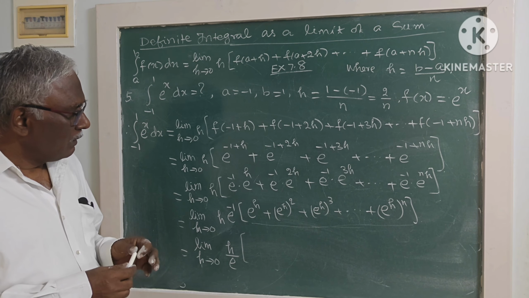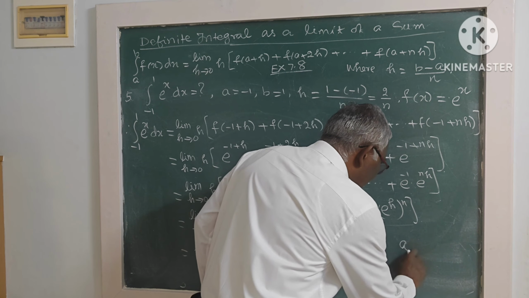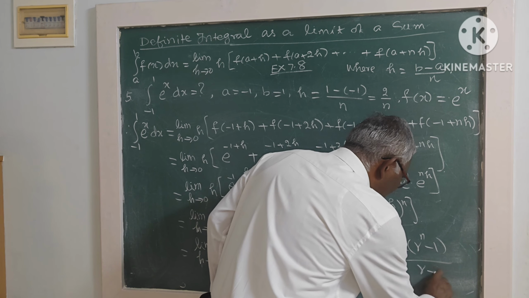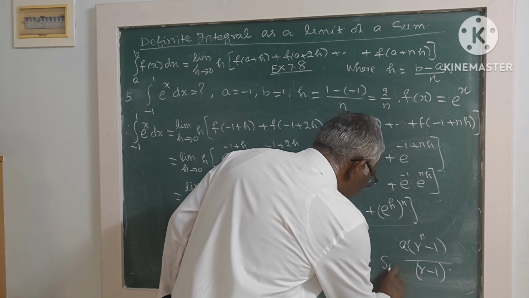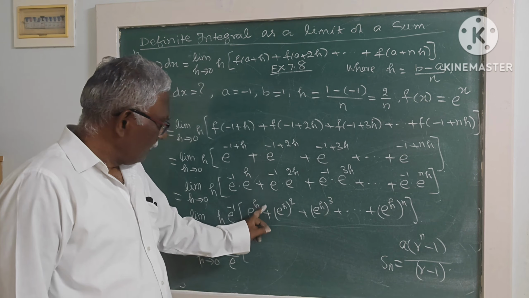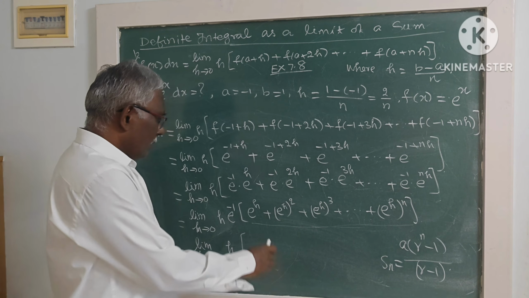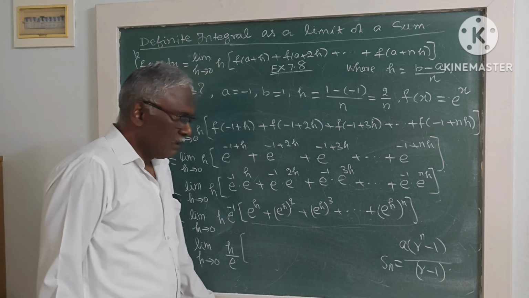What is the sum up to n terms of a GP? That is nothing but a into r power n minus 1 by r minus 1, where a is the first term, here first term is e power h and r is the common ratio. e power h into e power h is e power h square. So r is e power h.